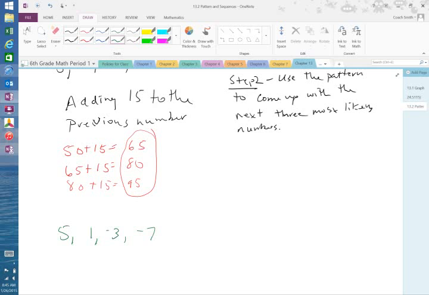Decreasing. Okay, to decrease, we either subtract or we divide. Now, to go from 5 to 1, what's one thing that I can do?